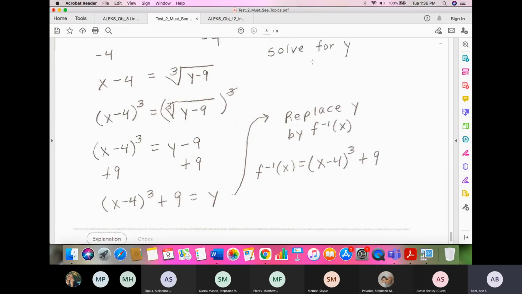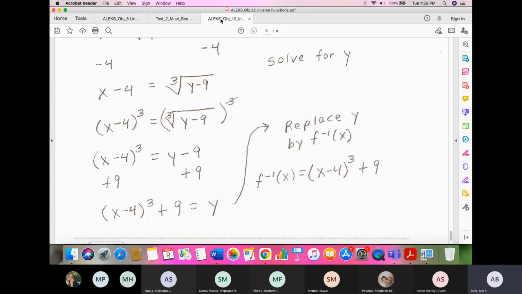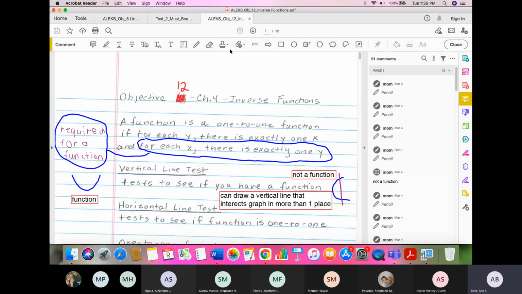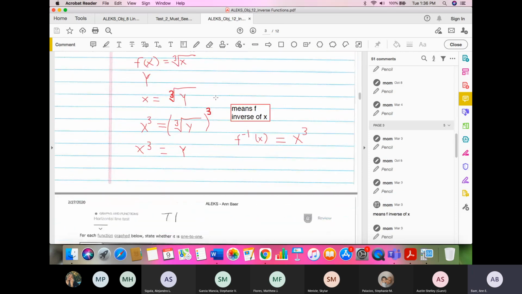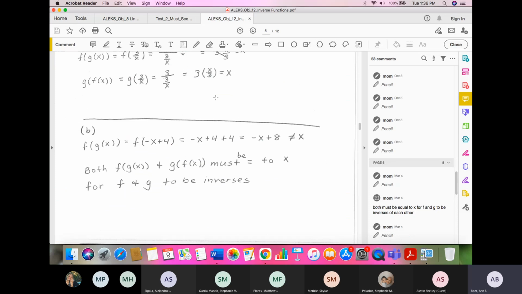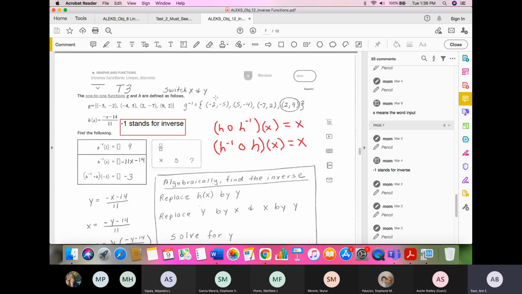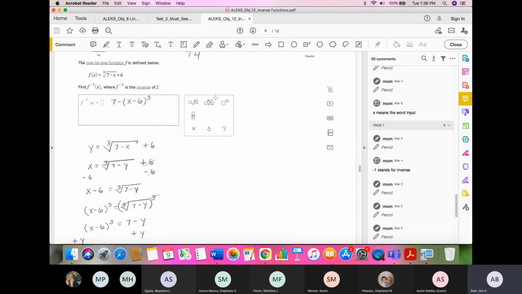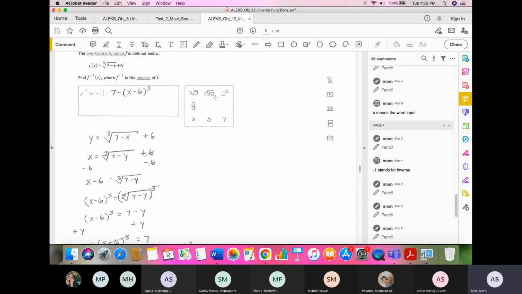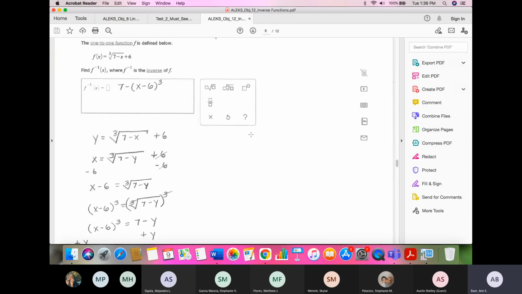So just to show you what a variant might look like, this is the one I did in class recently. Let's see if I can find them. Okay, so there's a cube root one, which we just did. There's another one.